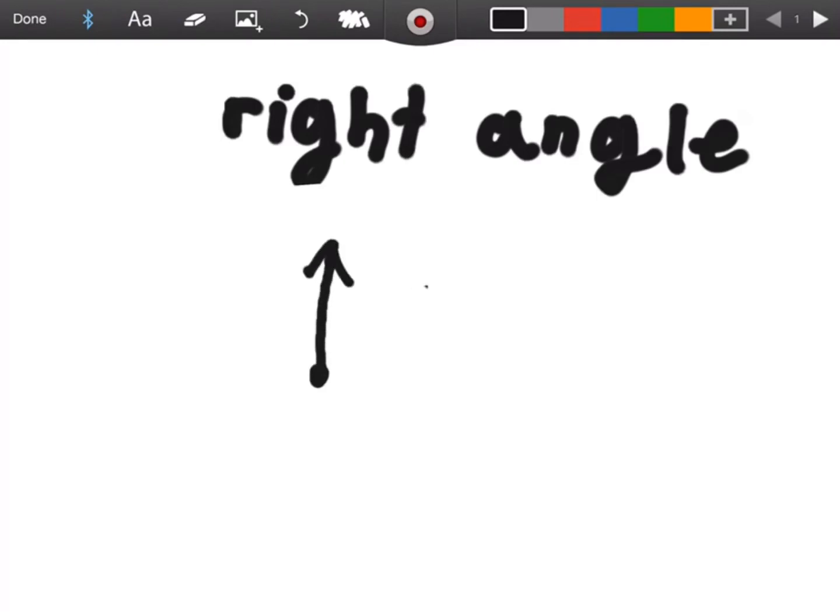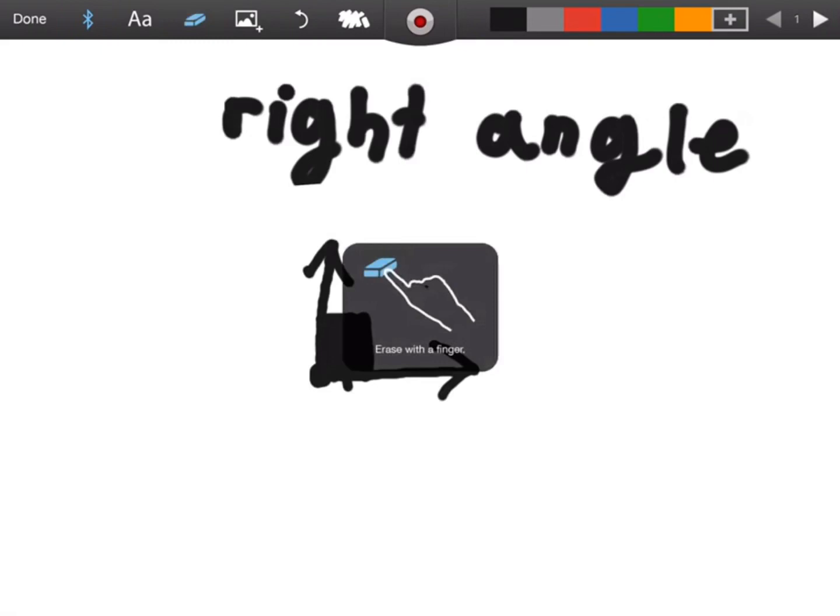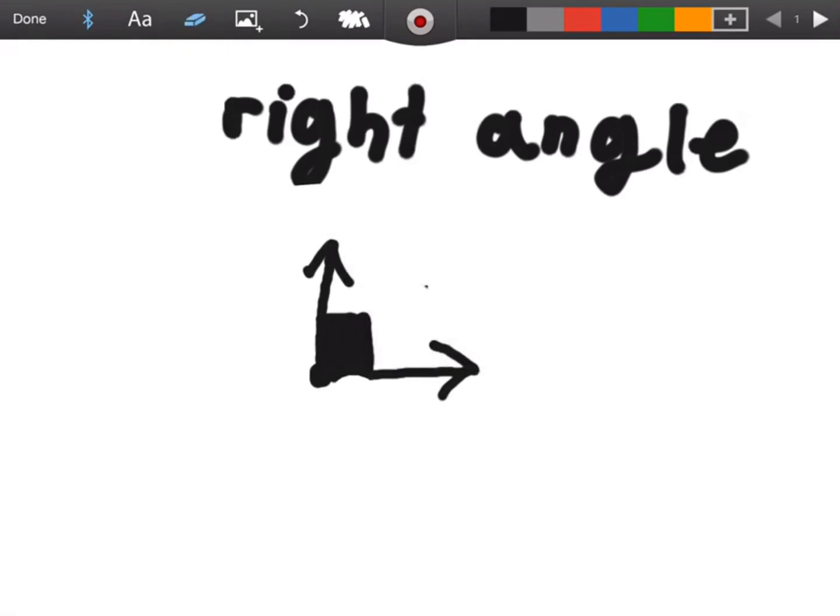Now, a right angle is like a straight line up, with a line coming down at the vertex, and a straight line out, like that. You recognize a right angle by a square right at the vertex. It might be colored in, or it might not be, but it still means the same thing. So that is a right angle. It's perfectly straight.